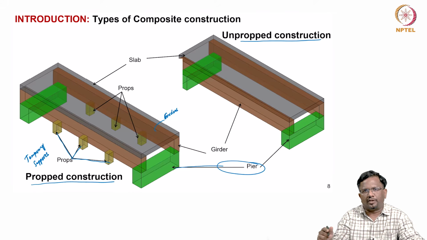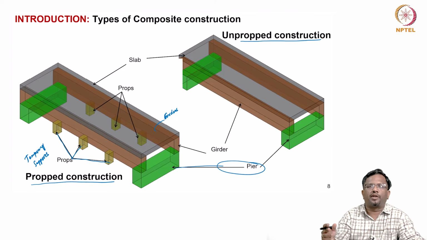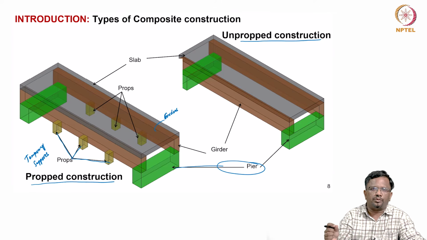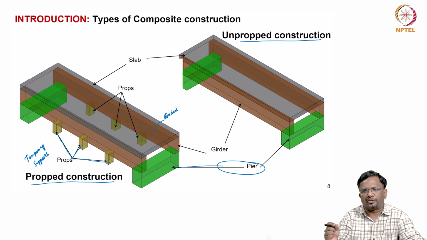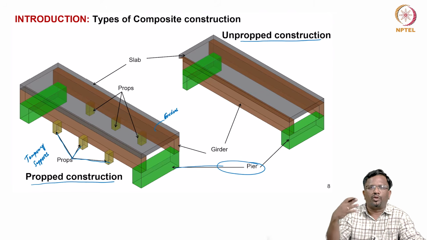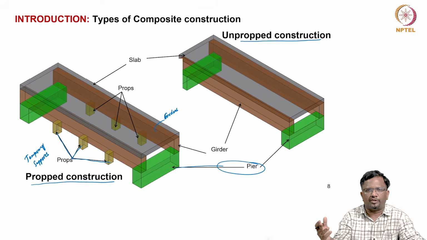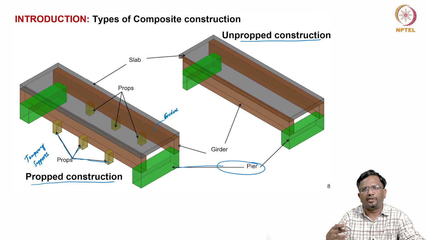Again, if the supports are not there, you have a longer span, so the deflections of the girder can be quite higher, and you cannot achieve the composite construction in a quick fashion. But once the concrete hardens, you will still achieve the composite construction. The way the dead loads get transferred depends upon whether you have props or no props, which we will explain through an example.